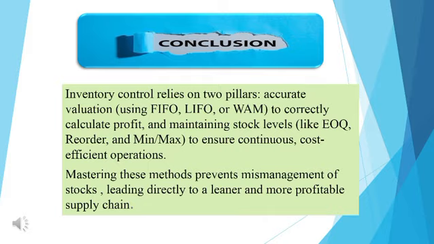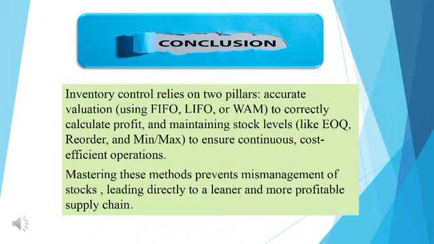Effective stock management is achieved through the strategic application of two key areas, which are valuation and control. We analyzed the primary stock valuation methods FIFO, LIFO, and VAM, highlighting how each impacts the cost of goods sold and inventory value for financial and tax purposes.